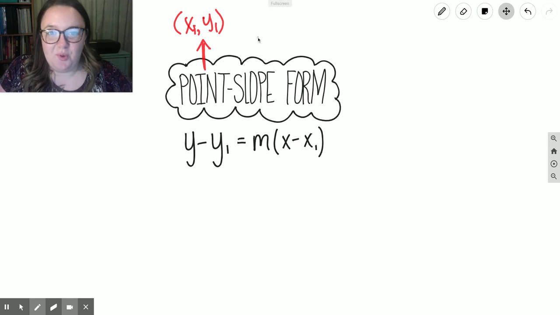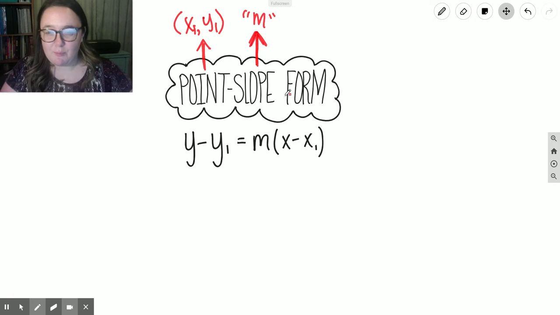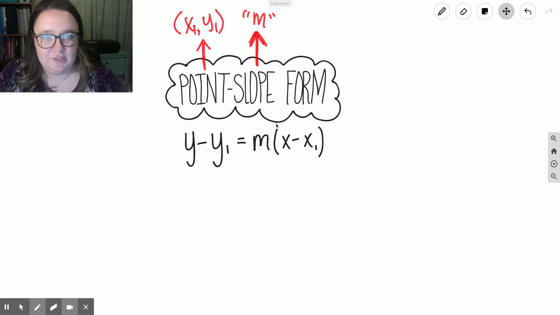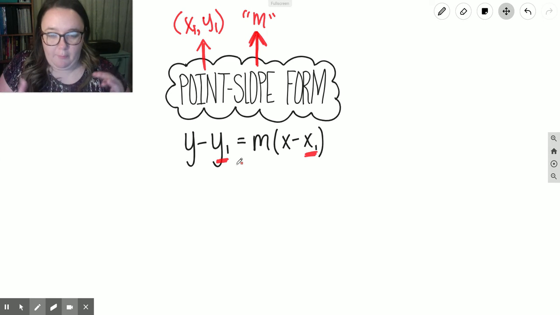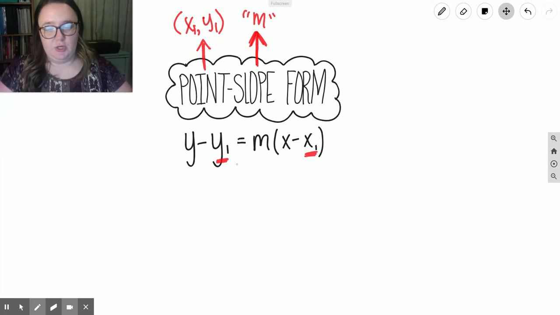The second thing that point-slope has is exactly what's written here: slope. And we know the variable that represents slope is always m. That's what I'm most importantly worried about in this video, that you can find the m of these formulas, or find the slope. That's all we're talking about is the slope. So it's good to know it has a point, and this x1 and y1 are those values from that point that you will substitute into this formula.